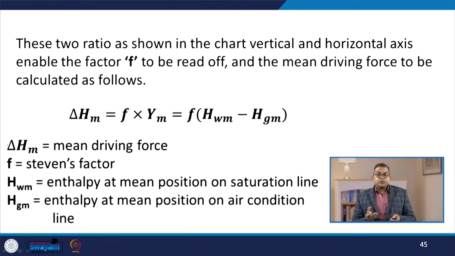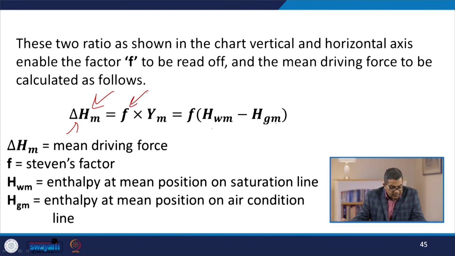These two ratios, represented on the vertical and horizontal axes of this chart, enable the factor F to be read off and the mean driving force to be calculated as per this equation: delta Hm is equal to F into Ym, which is equal to F into (HWm minus Hgm). Here delta Hm is the mean driving force, F is the Stevens factor, HWm is the enthalpy at the mean position on the saturation line, and Hgm is the enthalpy at the mean position on the air condition line.